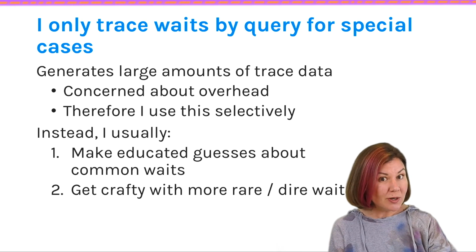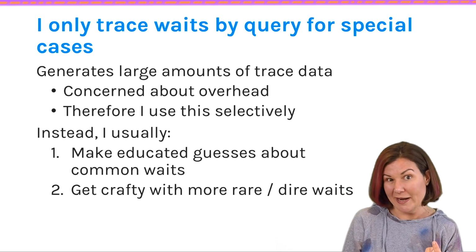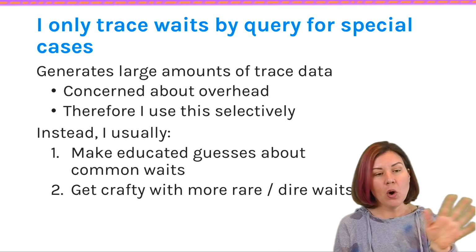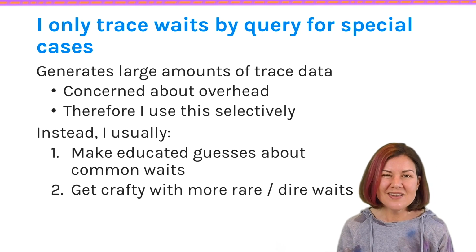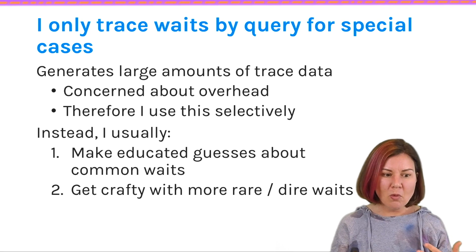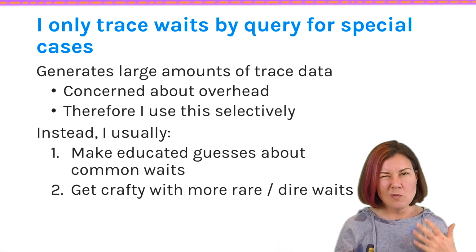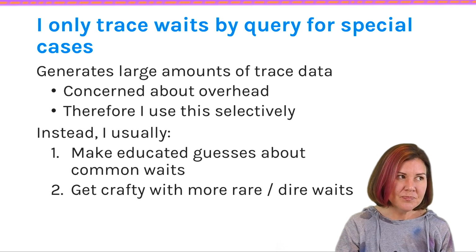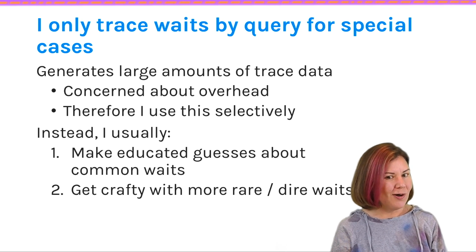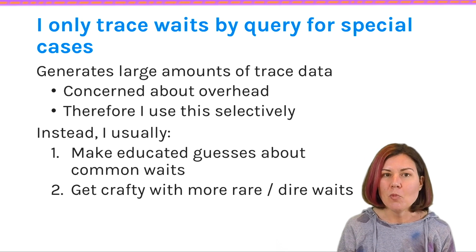If I can have a shortcut that's lighter weight and quicker to use, I'll totally go for that. I also, as I'll explain later, usually want more than just the query and the associated wait, because that doesn't always help figure out the cause of the wait. We'll talk more about this soon.